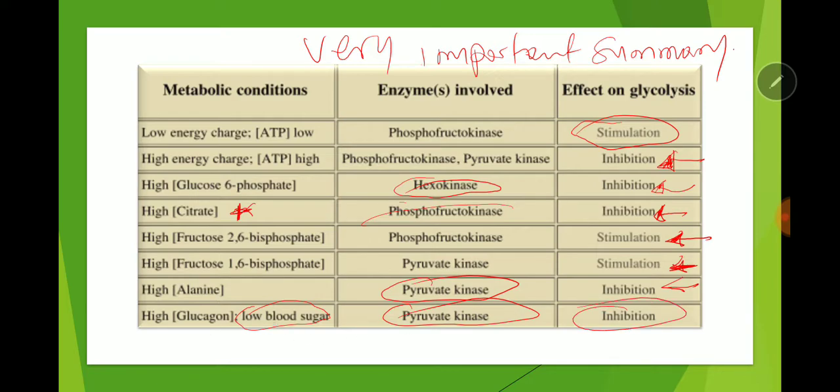Why is pyruvate kinase inhibited? Because you have low blood sugar, and pyruvate kinase is part of glycolysis. You need glucose to undergo glycolysis, because glycolysis, remember, is the breakdown of glucose. Okay, so this is a key chart for your review.